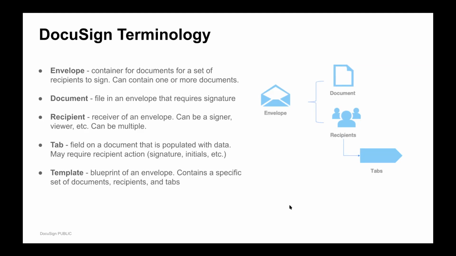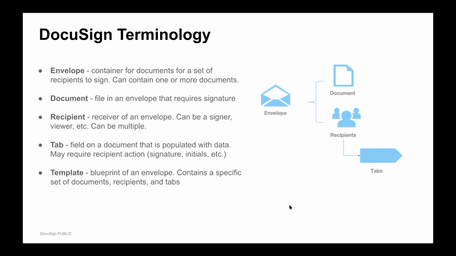By parallel, I'm referring to multiple recipients being able to sign at the same point in the process. And sequential order refers to one recipient signing the envelope, and then the envelope gets passed to the next recipient in the sequential order defined.